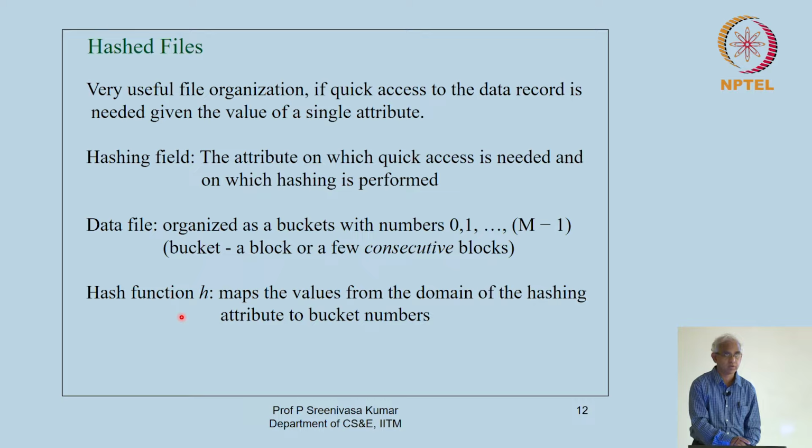What the hash function does is map the values in the domain of the hashing attribute, some attribute we have chosen, into bucket numbers. So you give the value, it will give you a bucket number.